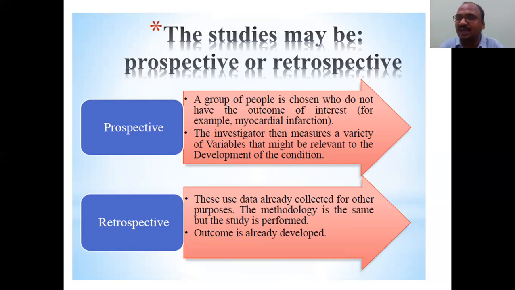You are collecting from the internet, or from those who collected data earlier. You got my point? Retrospective means you are not doing any work. You are just getting already prepared, already collected data. It is called a retrospective.